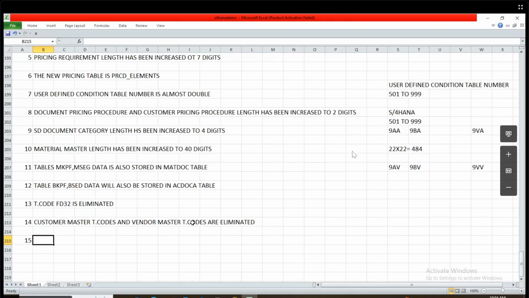All those have been eliminated. Now we have a single T code for all, that is BP. Customers and vendors have been changed to BP.